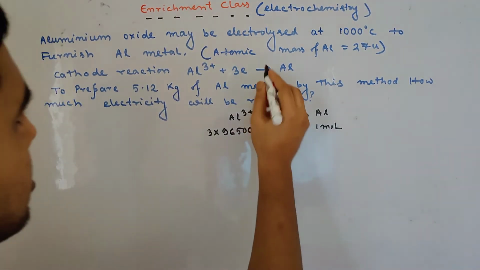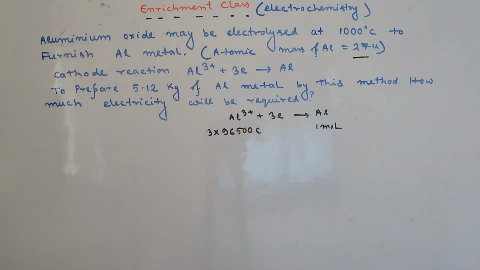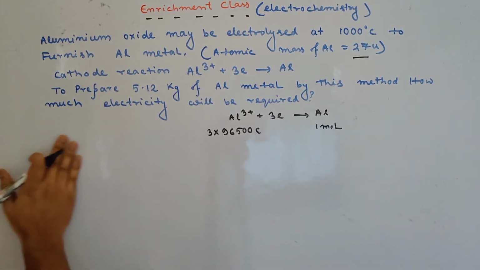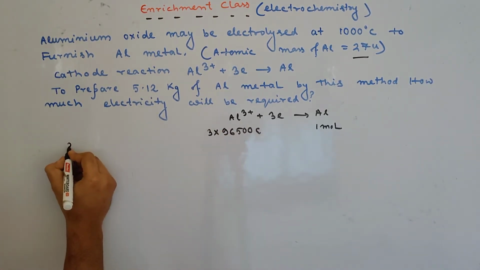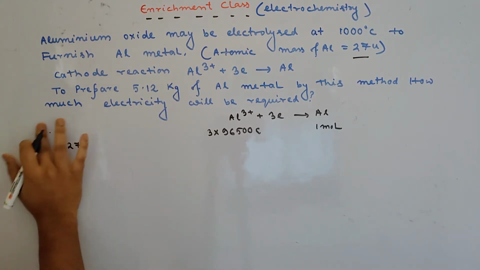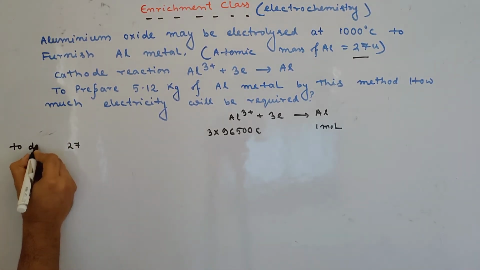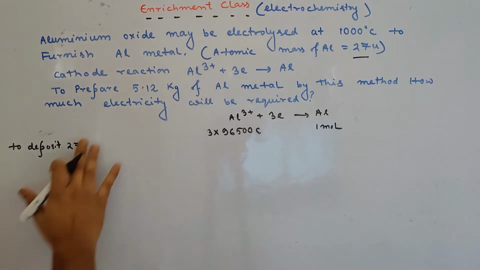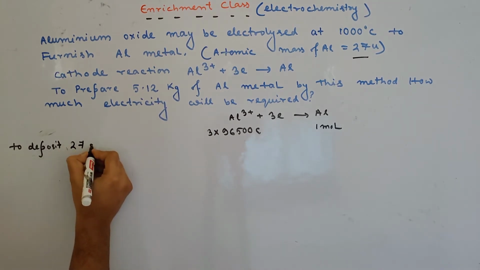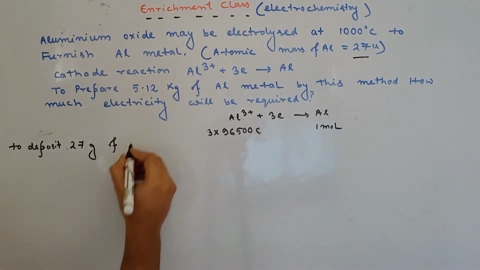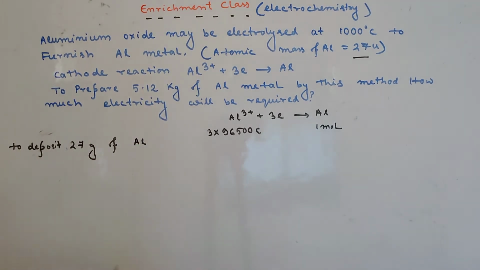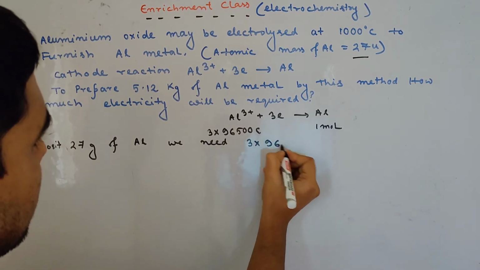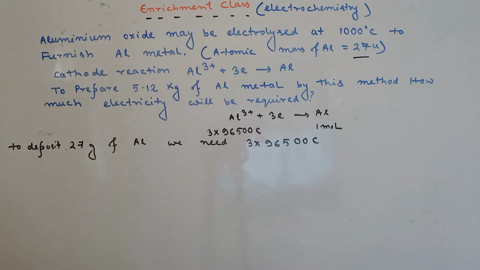And 1 mole of aluminium is nothing but 27 U. So, to deposit 27 gram of aluminium, we need 3 into 96,500 coulomb.